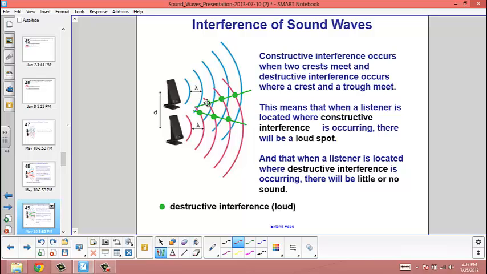And at that location, when a crest meets a trough, the waves are said to be out of phase. So any of the green dots within the presentation are associated with points where destructive interference is occurring. And destructive interference will actually not be associated with loud. It would be the opposite of that, soft.